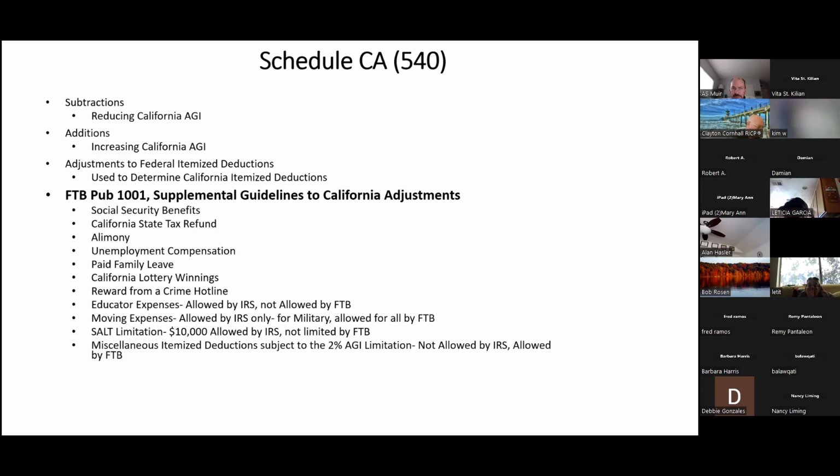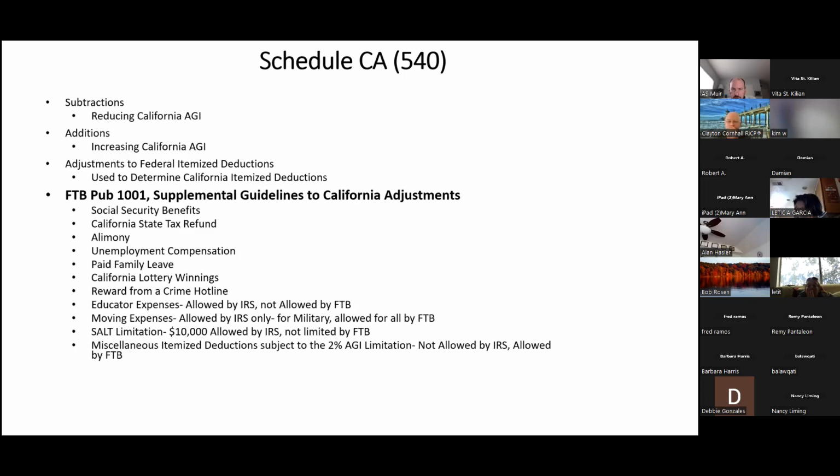And then sometimes you'll see additions, probably more so subtractions, but the additions, that's something, again, that would be described in the Pub 1001. If you haven't looked at the 1001 before the VITA season starts, take a look at it, understand some of the basics.